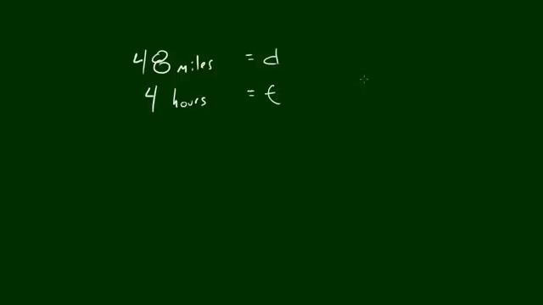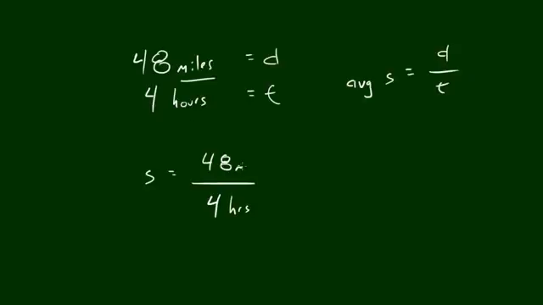Now, if you remember, the formula for average speed, I'll just write average speed equals the distance over time. So we're trying to solve for speed, and we already got 48, which is the distance, over 4 hours. And I might as well plug in my miles and hours. So the average speed of this car would be 48 divided by 4, which is indeed, can you guys guess, 12 miles per hour.